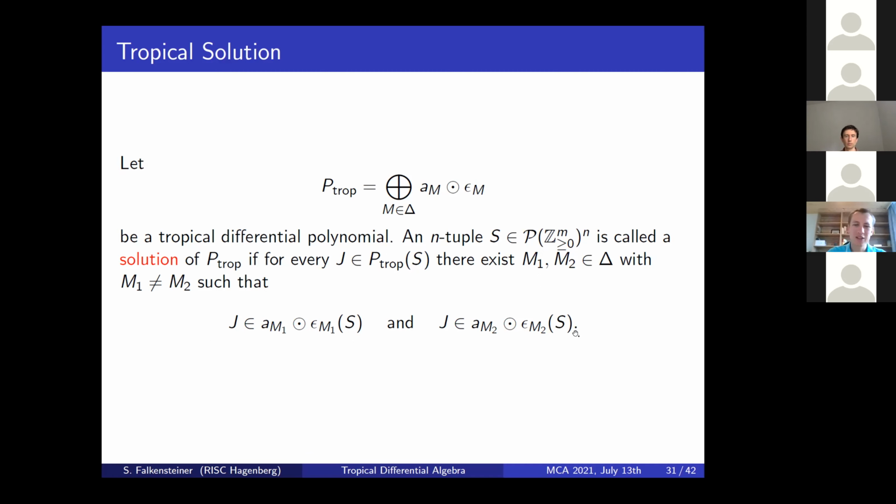This looks a bit strange, but if you're familiar with tropical algebra, I think this is not a big surprise. And if you are more familiar with differential algebra, you can think of this as corresponding to cancellation. To cancel terms out in the sum, you have to have 2 monomials which cancel out.